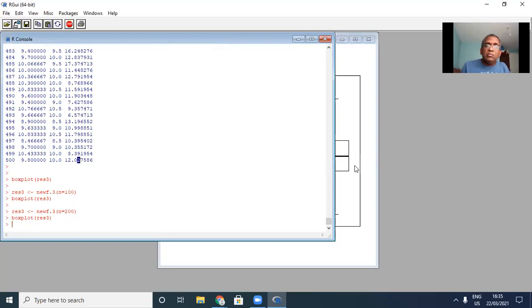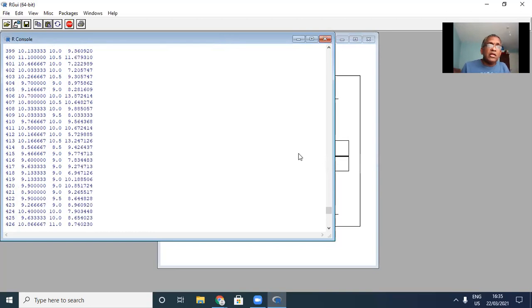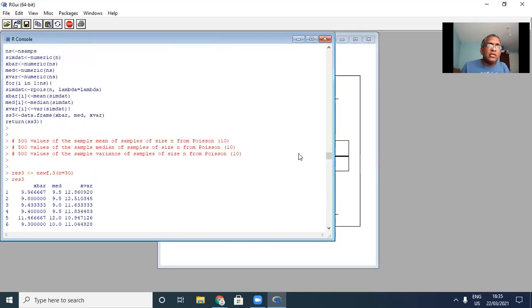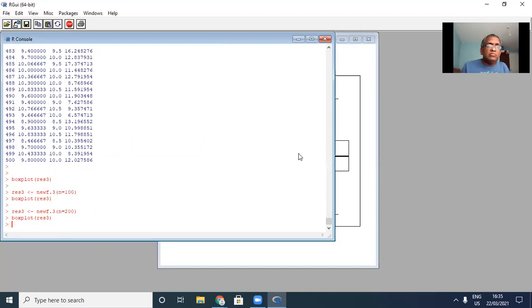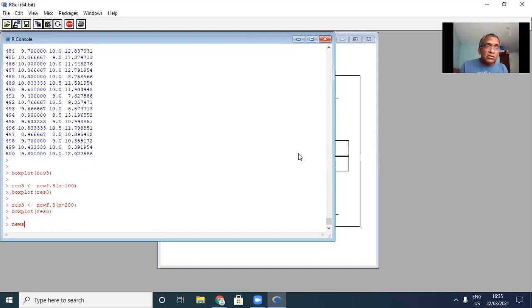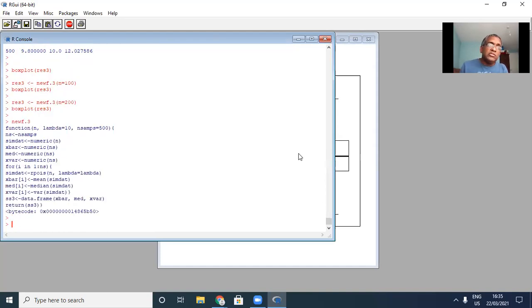Just to recap what I said, this function, new f dot 3, basically computes three things. It computes the sample mean, the sample median, and the sample variance for 500 samples of size n, each simulated from a Poisson with parameter 10, right?